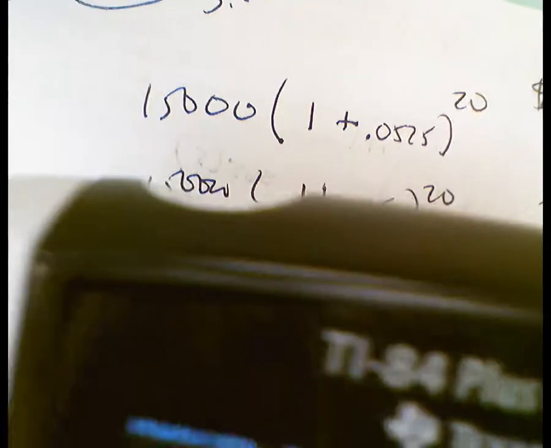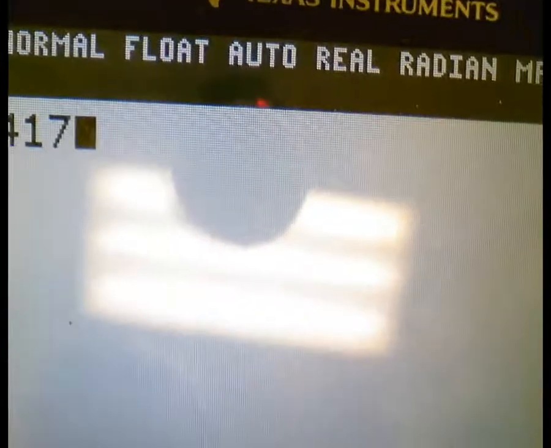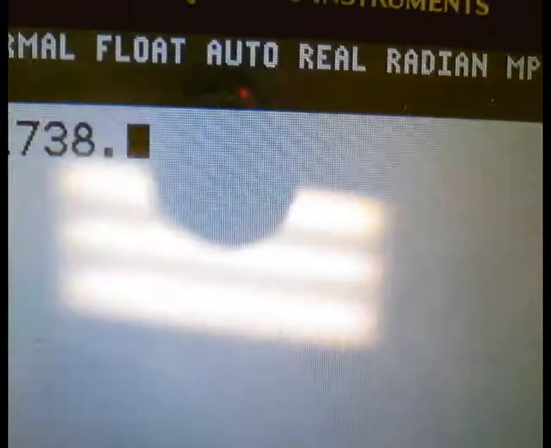Wait a minute, let me see. Additional interest. Okay, I'm going to have to do this again. So we're going to take $41,738.16, and we're going to subtract our initial investment of $15,000 from the first one.